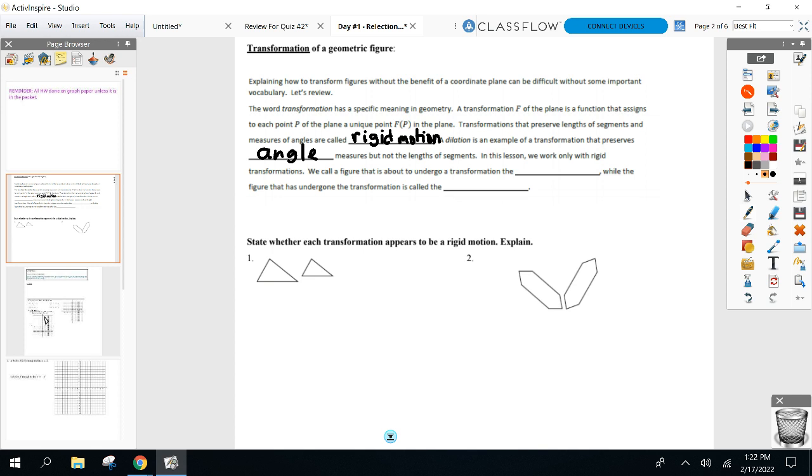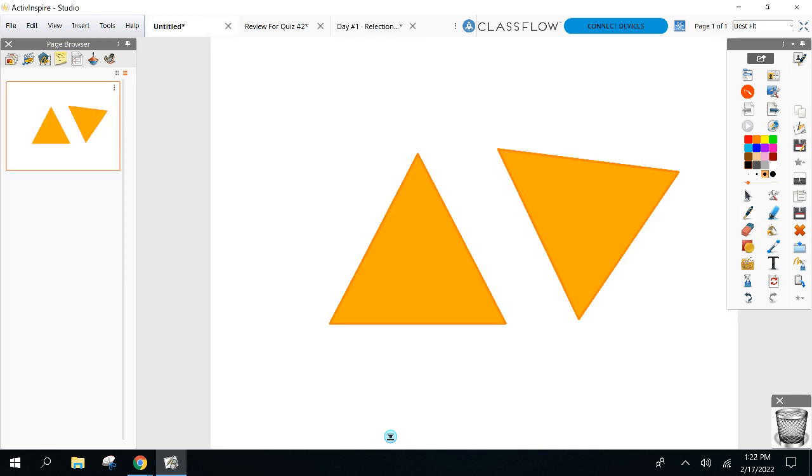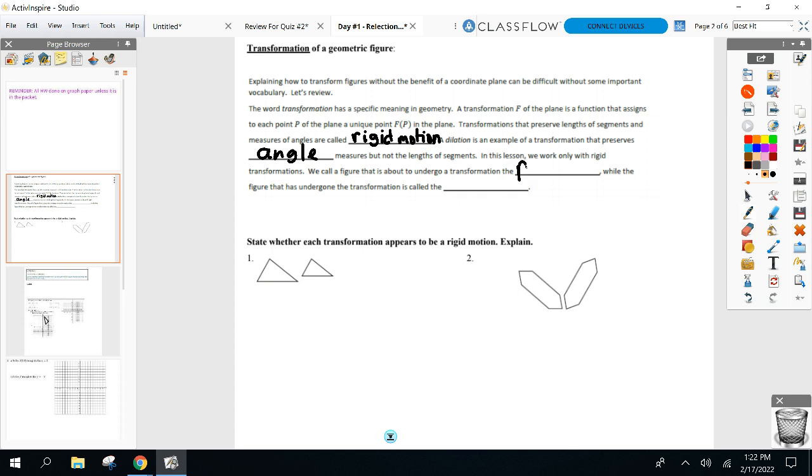All right, I've been talking about the figure we start with and the figure we end with. I want to put a vocabulary term to each now. The figure you start with is called the pre-image. That's the figure we start with. We do something to it. We slide it.